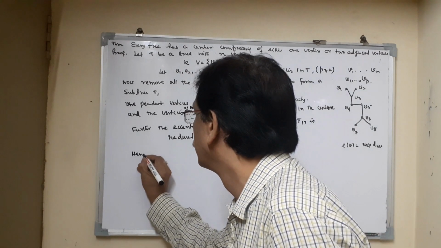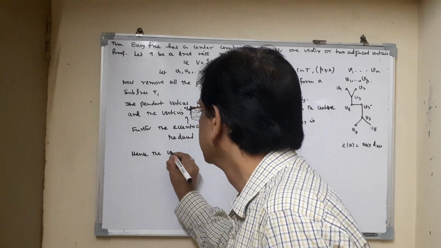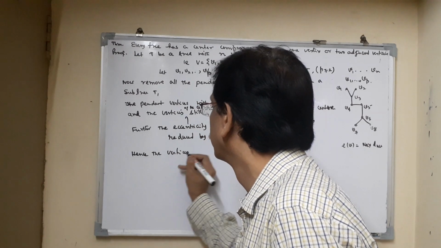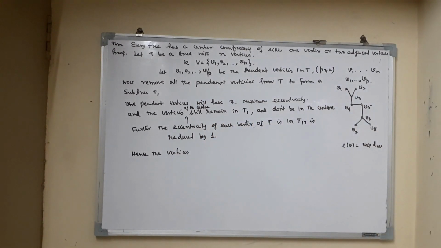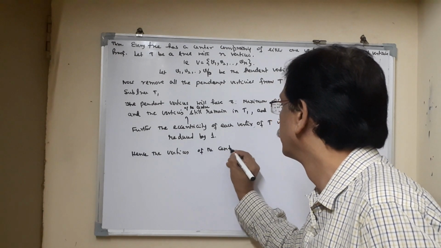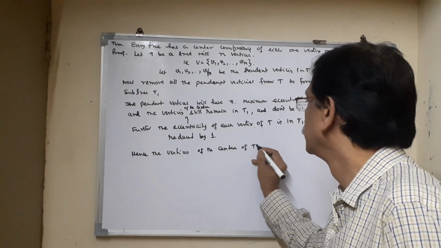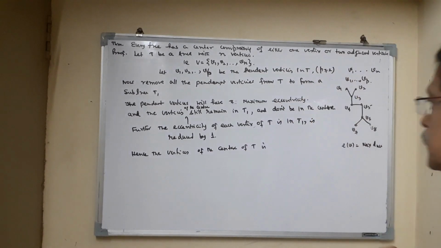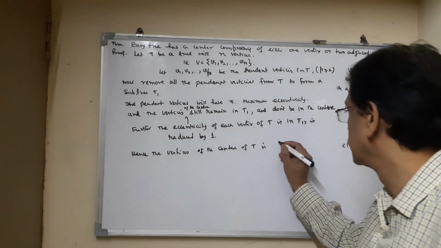Hence the vertices of the center of T have the minimum eccentricity.